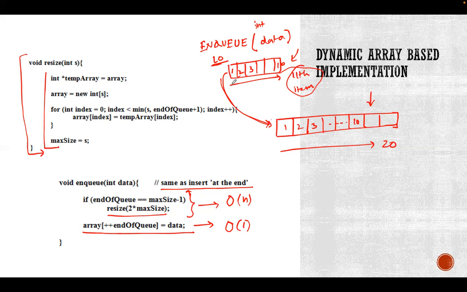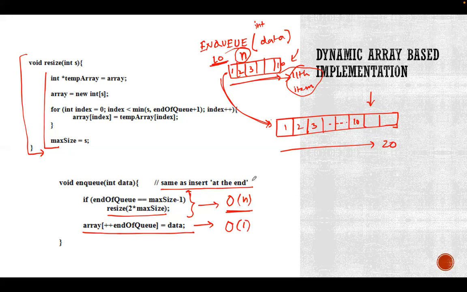If the size is n, we are going to copy all of the n items one by one from the old array to the new array. That's why the runtime in big O notation is order of n.